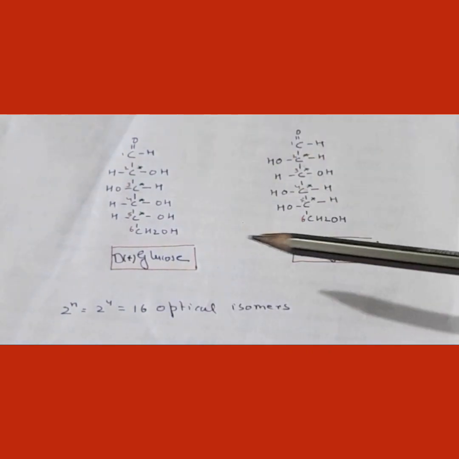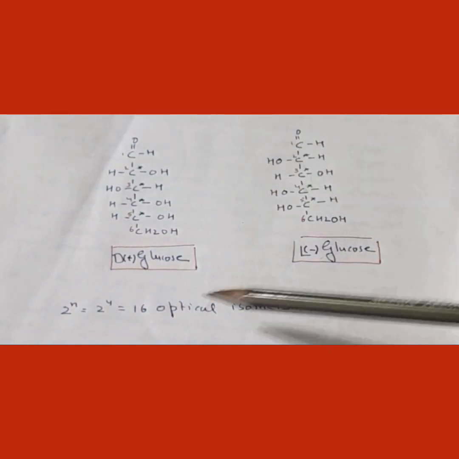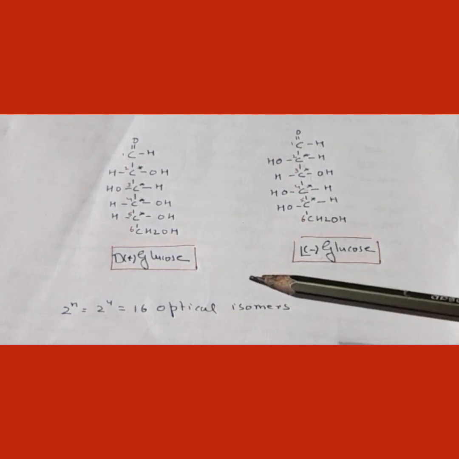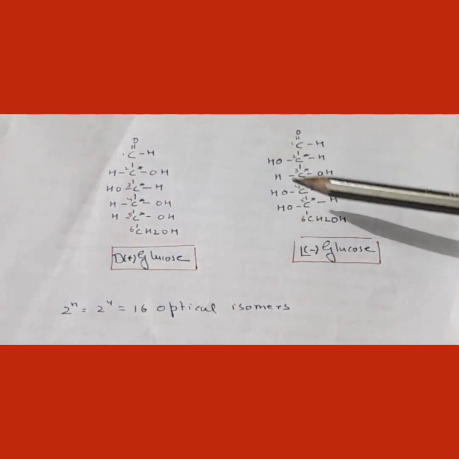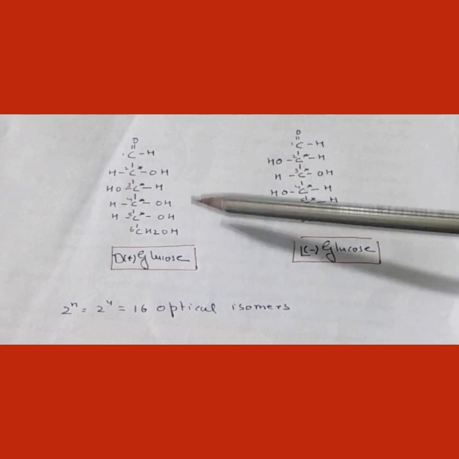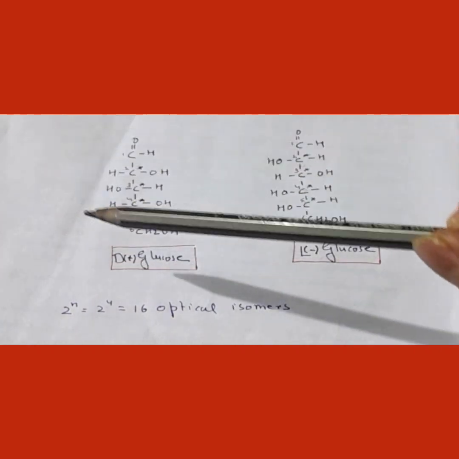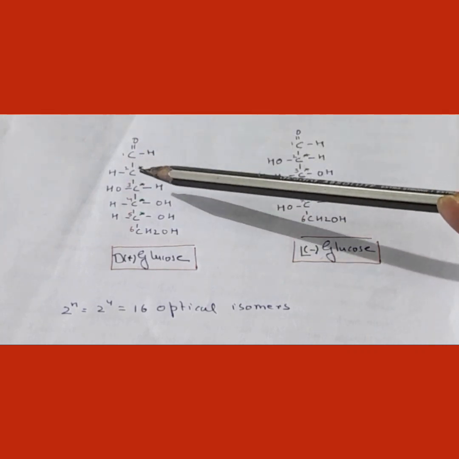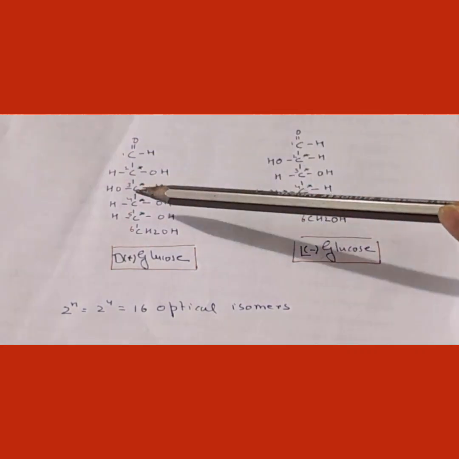So this monosaccharide would have 16 optical isomers. Out of those 16 isomers, these are the two, and out of these two, it is only this one which is significant for all biological purposes. So it is very essential for us to know the configuration of all four carbon atoms.